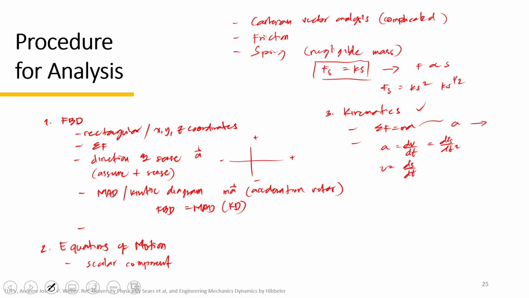And the chain rule gives a ds equals v dv. These are the two fundamental equations. This is just a derived equation, but it is also handy, especially if the acceleration is a function of displacement.